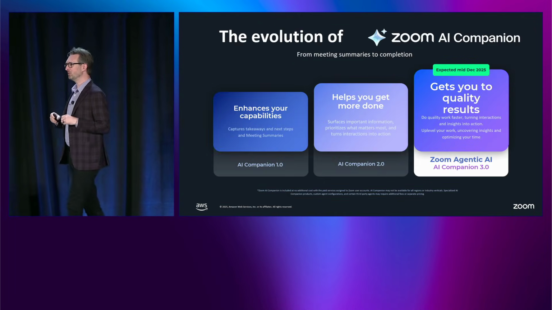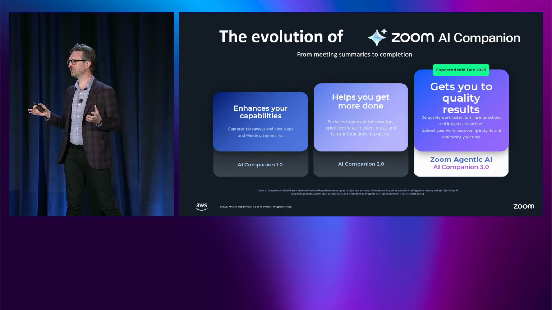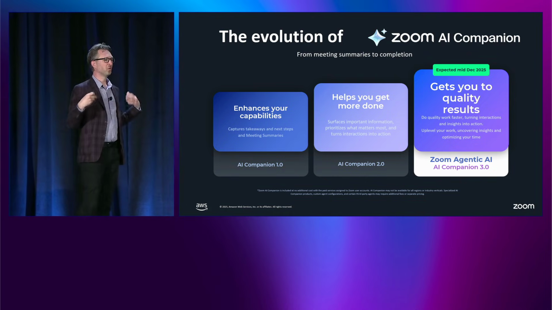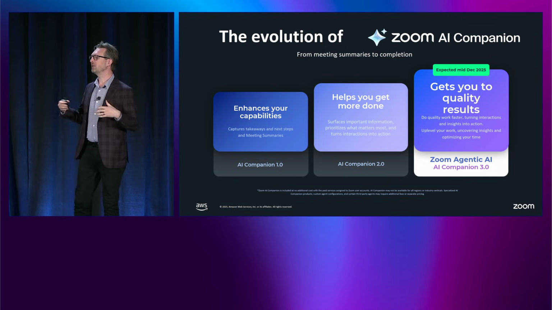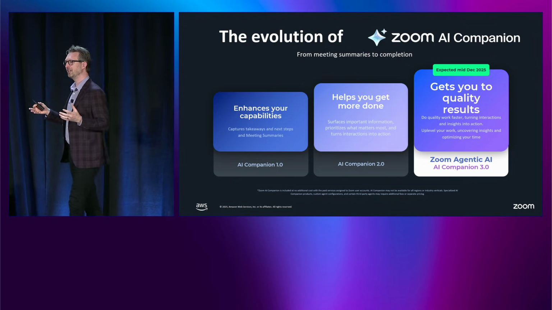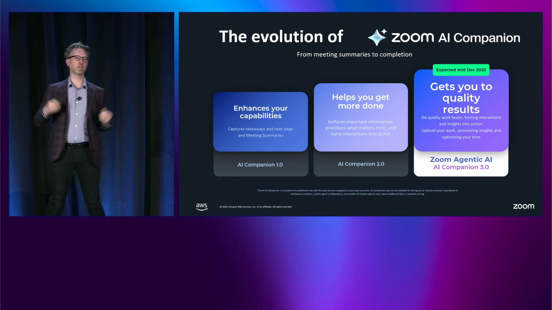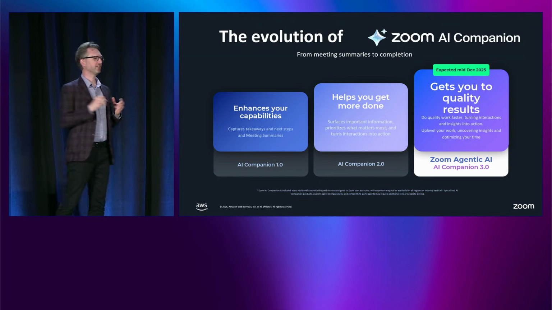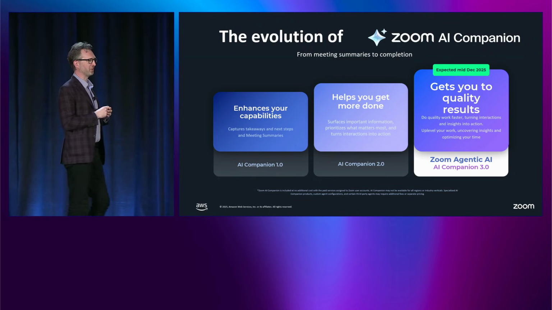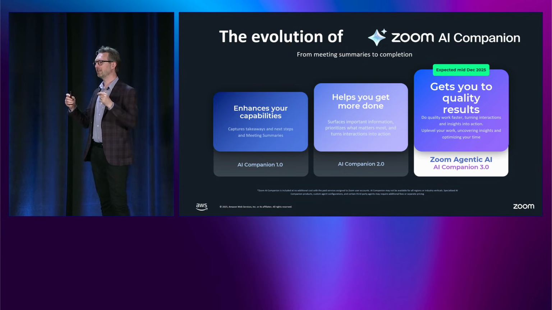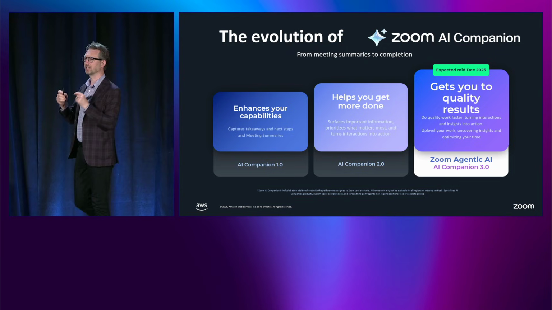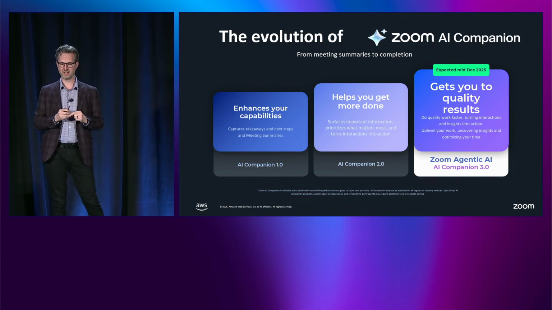Now, for us, AI has been a journey. Just a few years ago, we embarked on this by releasing our AI Companion 1.0 that started off with meeting summaries. But since then, we have continued to evolve the solution and are moving towards an agentic framework with our AI Companion 3.0. We're very excited about what an agentic framework allows and how it starts to connect work.